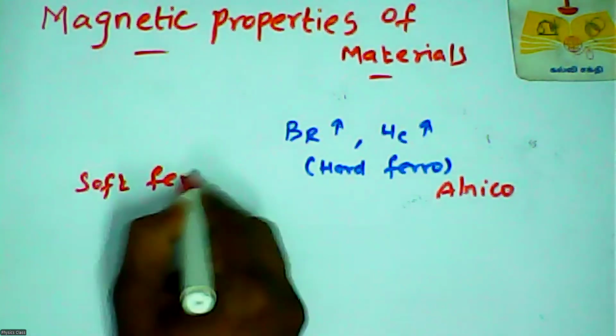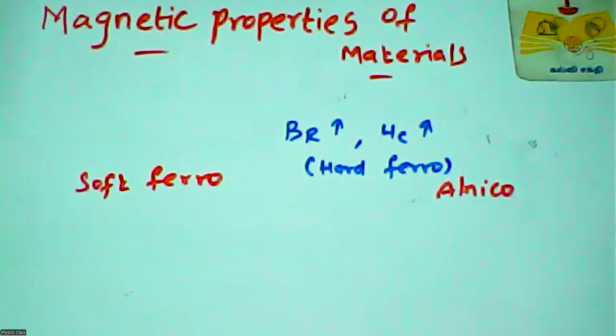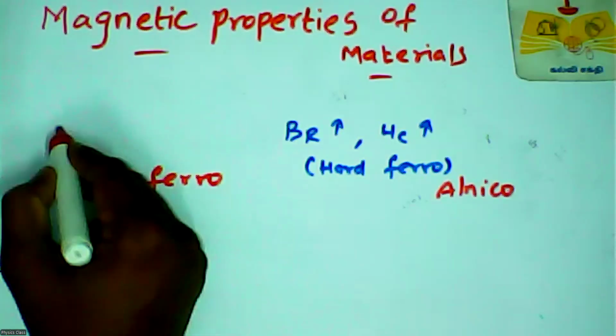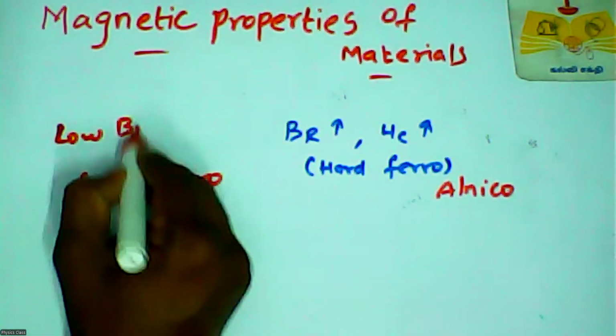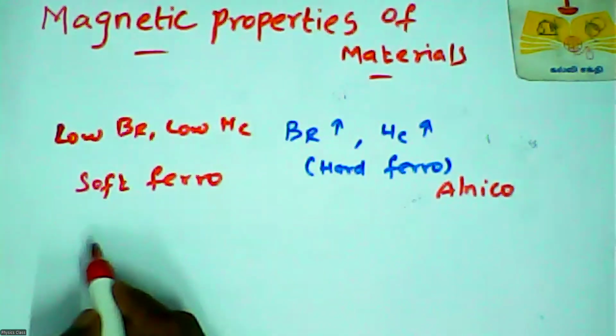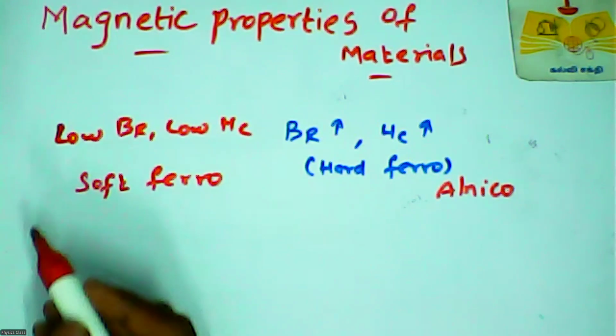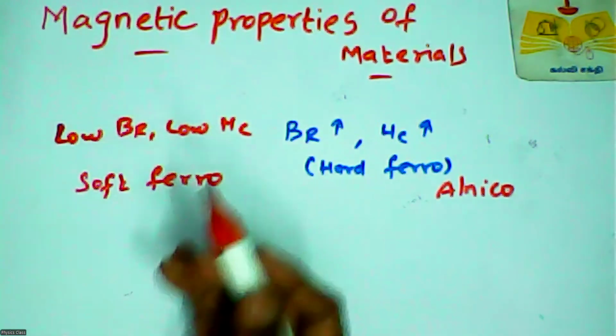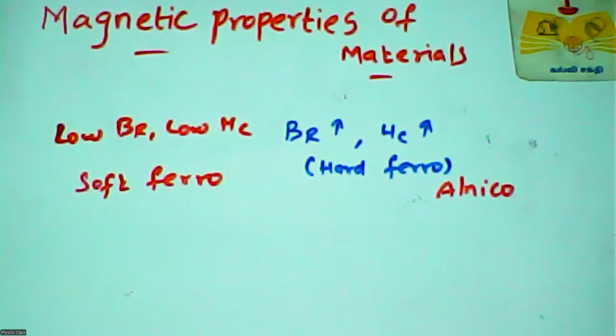Soft ferro means low BR and low Hc. Soft ferromagnets are used for electromagnets and transformer cores. Okay, so let's apply this idea by solving two problems.